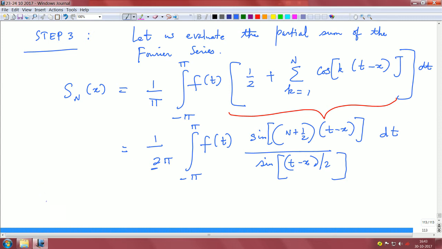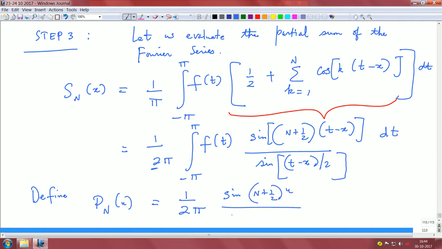Now, if we define Pn of u as 1 upon 2 pi sine n plus half u divided by sine u upon 2.